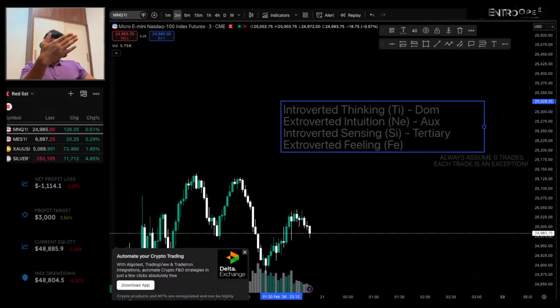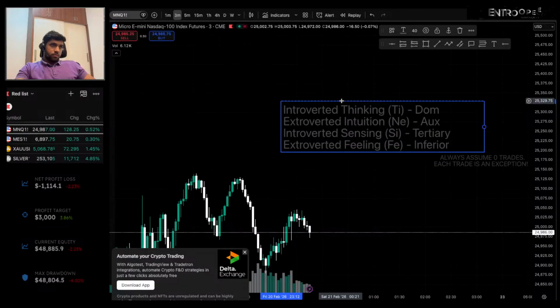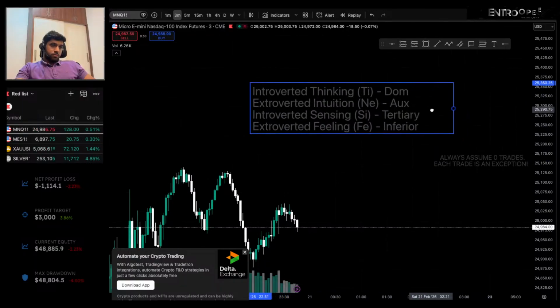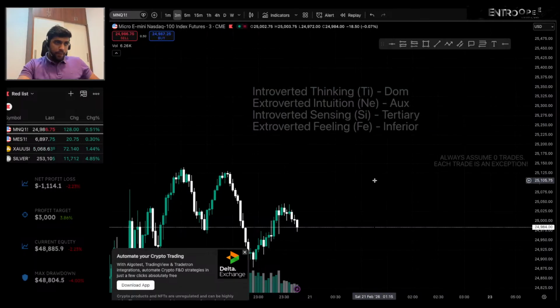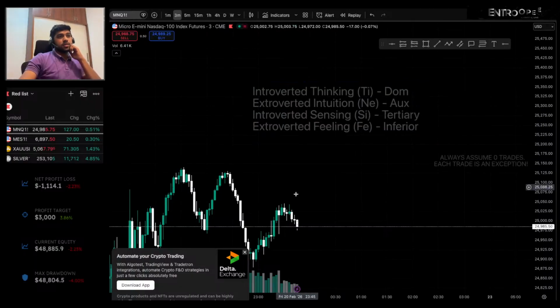These are the dominant functions for certain other types. We call it the inferior function. So this is just one type. This is the INTP personality type.